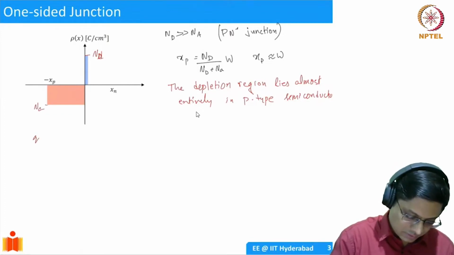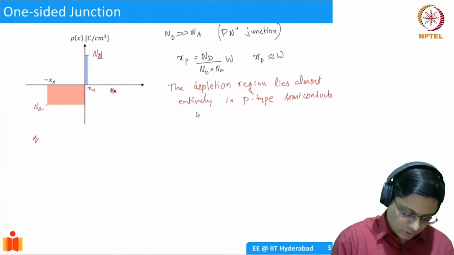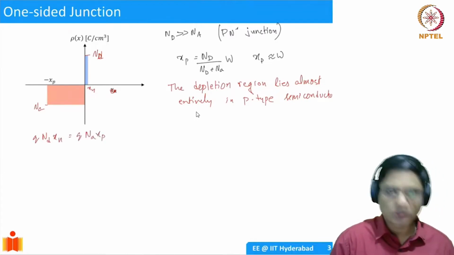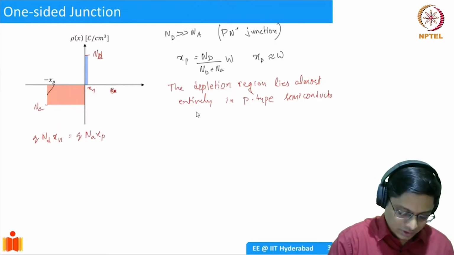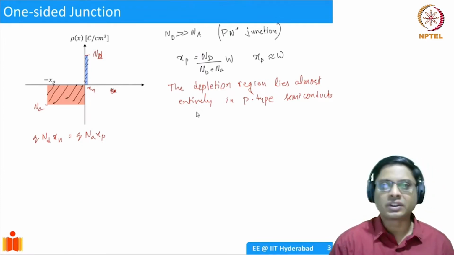I'm sorry, this Xn is misplaced, it should be here. So Q times Nd Xn equals Q times Na Xp. The total charge should be conserved always. It doesn't seem so here because this is not to scale, but this area is equal to this area, always in a junction.